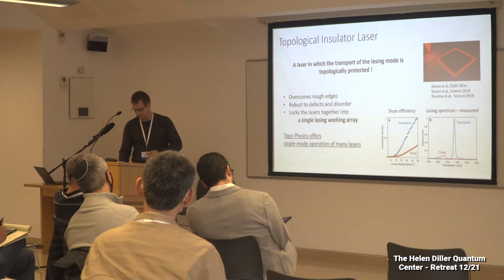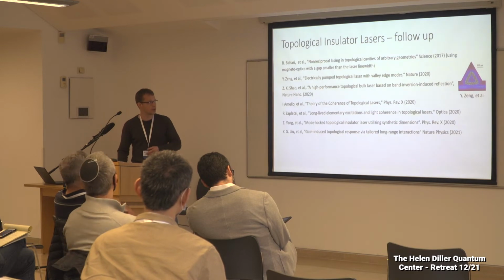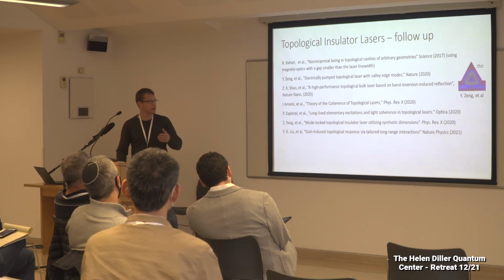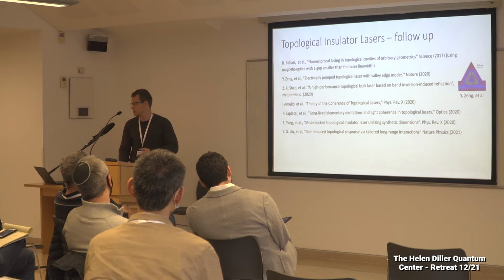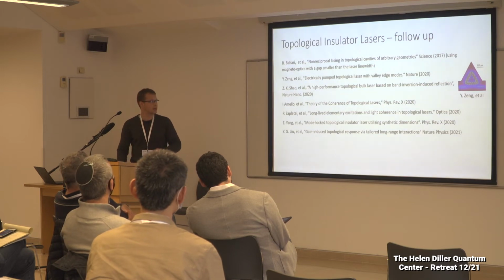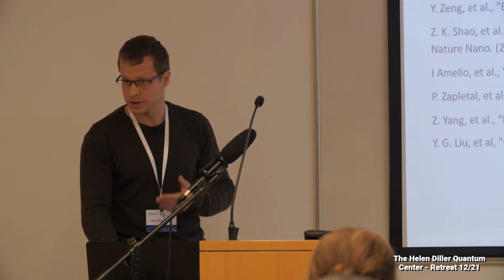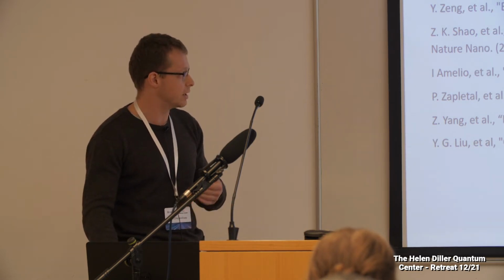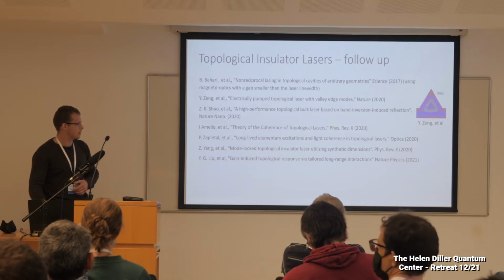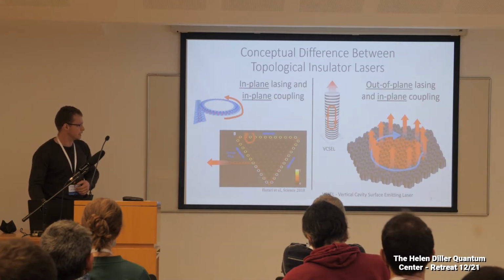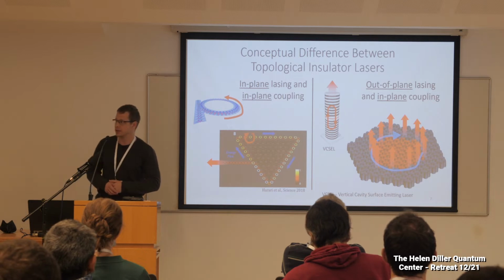Now, there were many follow-up works, experimental also in QCLs and electrical pumping, and also some theory work that showed that these lasers are indeed coherent. So it is good to use topological lattices for lasing. But all of this work had something in common.